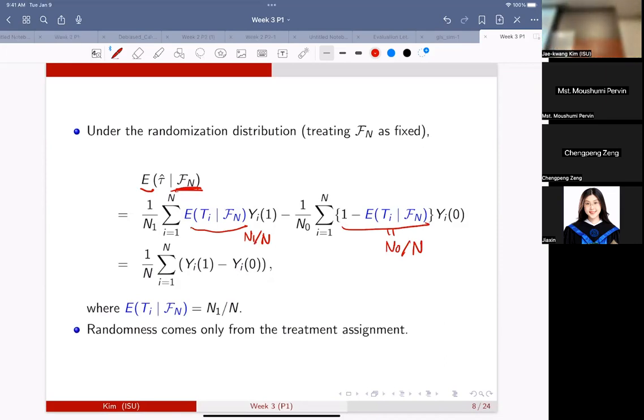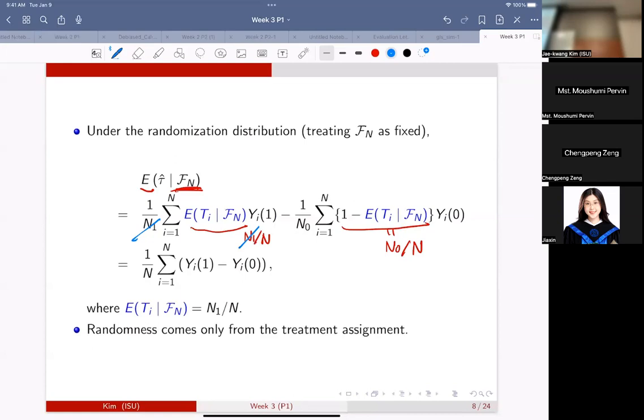The expectation of Ti is capital N1 divided by N. So N1 cancels, and then you get 1 over capital N outside, and then you have the summation.